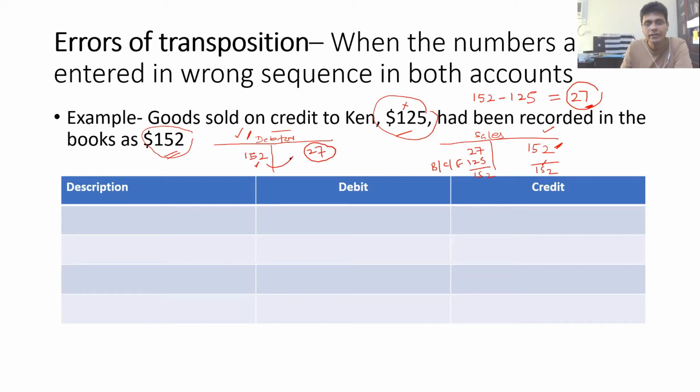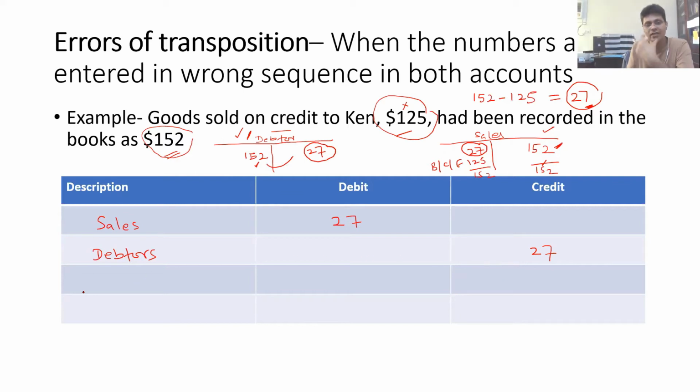You credit the debtor and debit the sales account. So what should be the double entry? To correct this, the sales account should be debited by 27 and you should credit your debtors by 27.